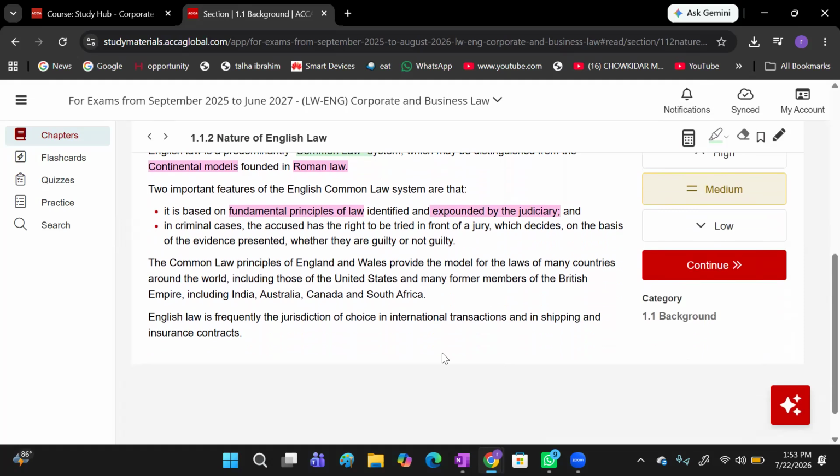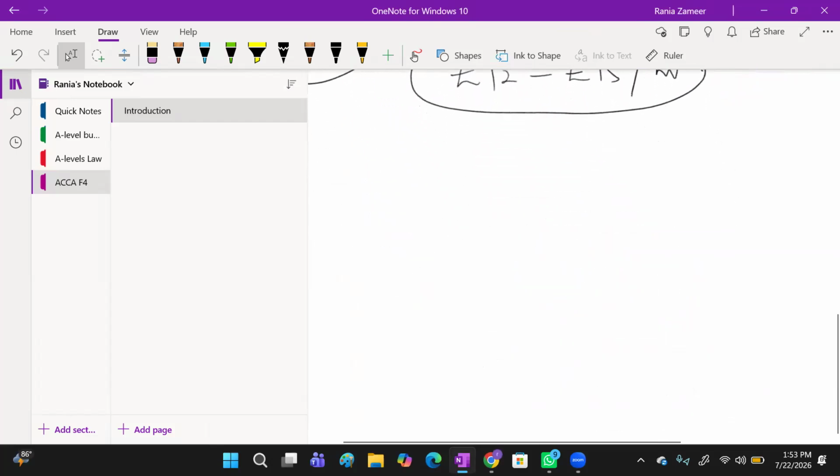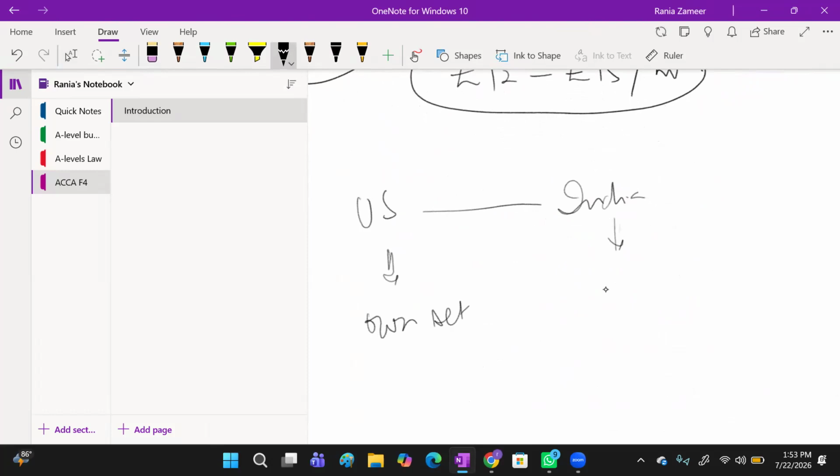English law is frequently the jurisdiction of choice in international transactions and in shipping and insurance contracts as well. Obviously, the problem with international transactions is this: if you have two countries trading with each other, say the US and India, the US has its own set of laws and India has its own set of laws.